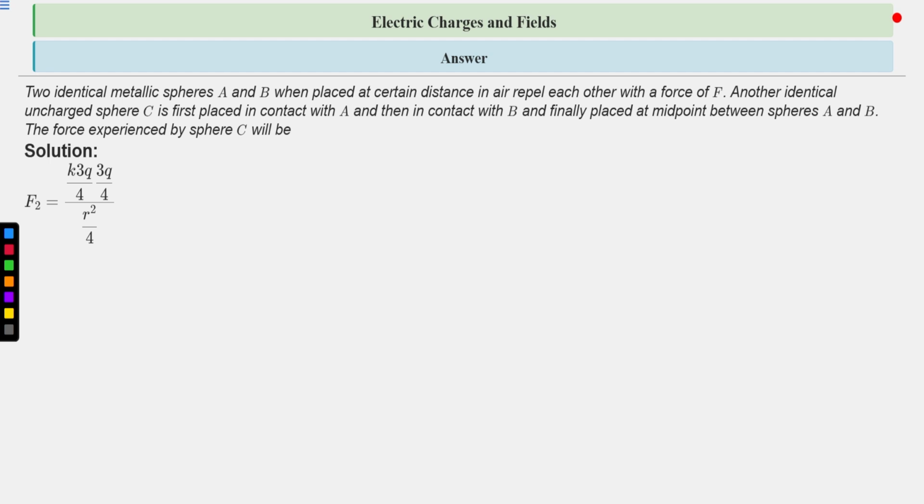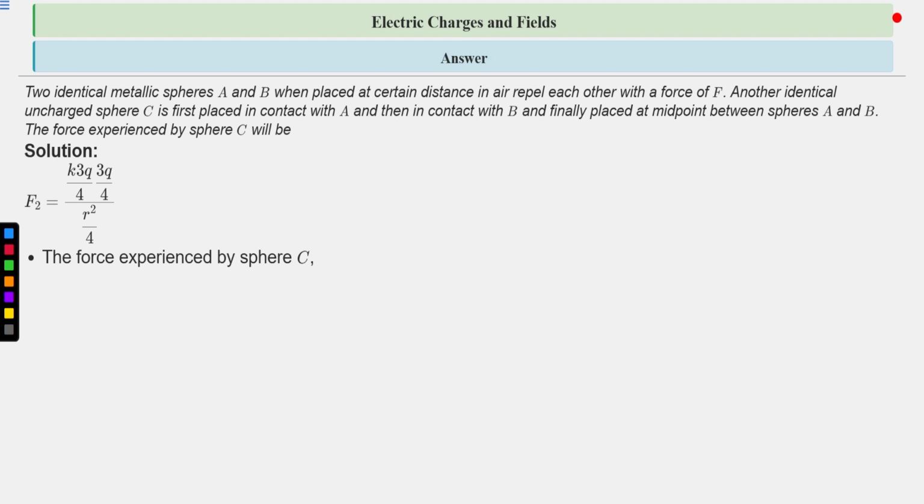Now F2 is K into 3Q by 4 upon R square by 4. Now we have found F1 and F2, the forces on C due to A and B. The order can change.